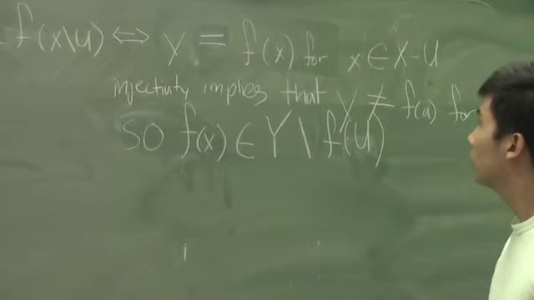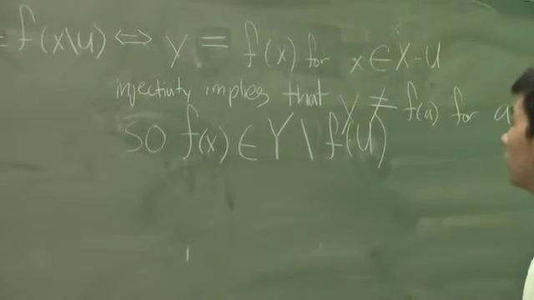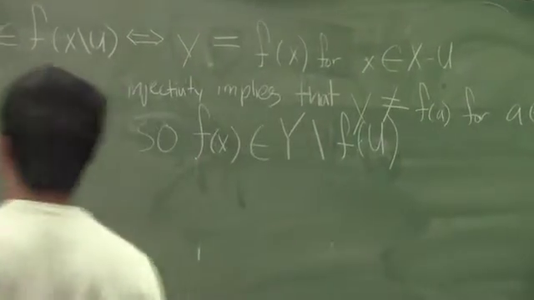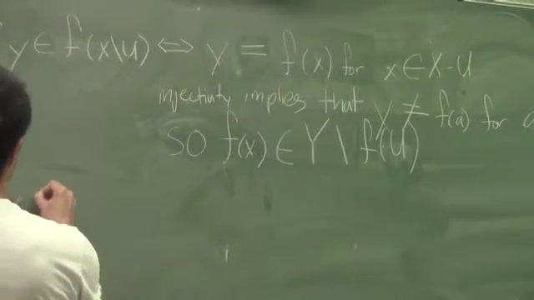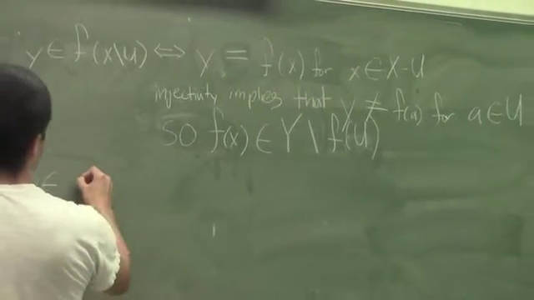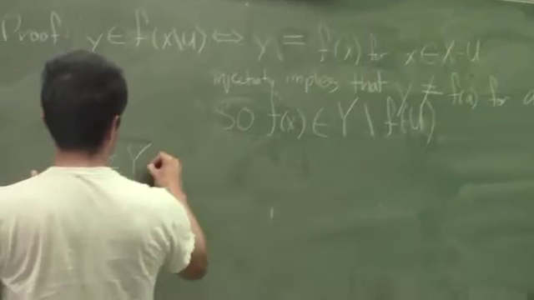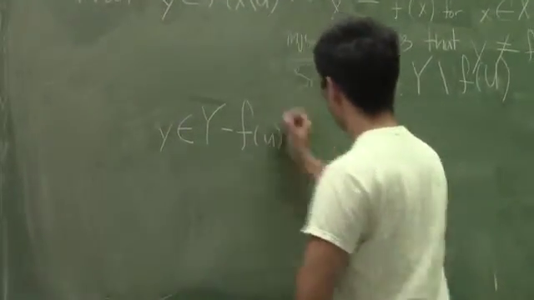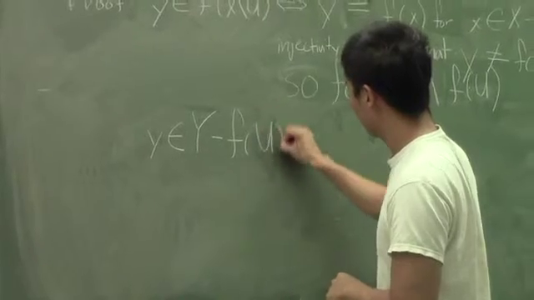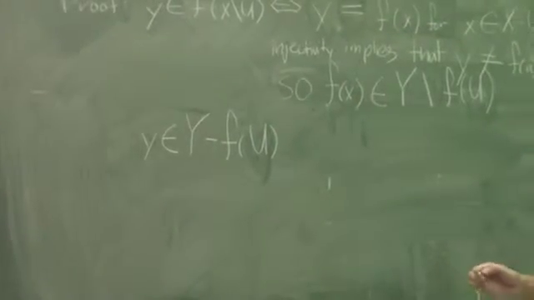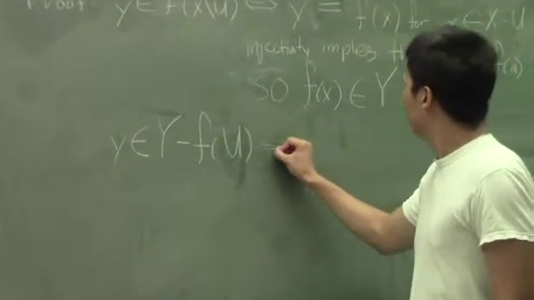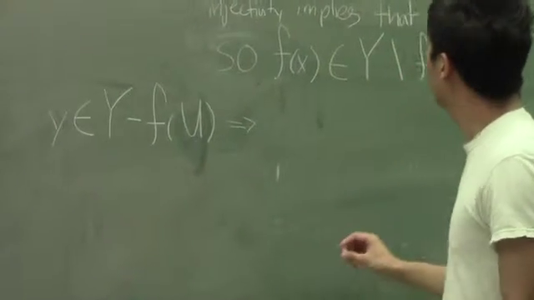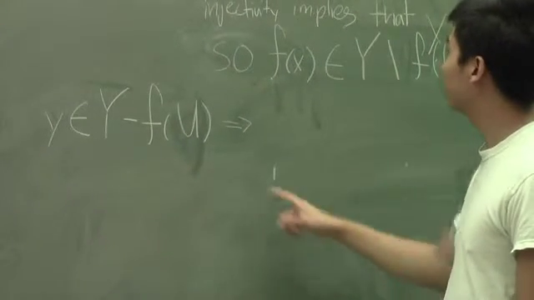And let's do the other direction. So let's say y belongs to Y minus f of capital U, right? This implies... Biconditional?